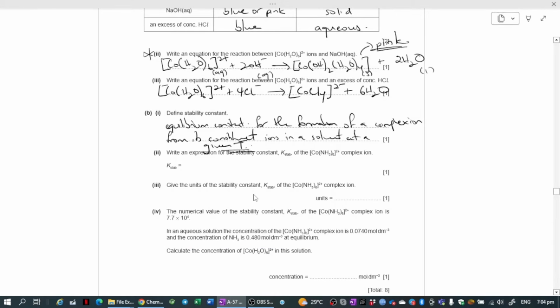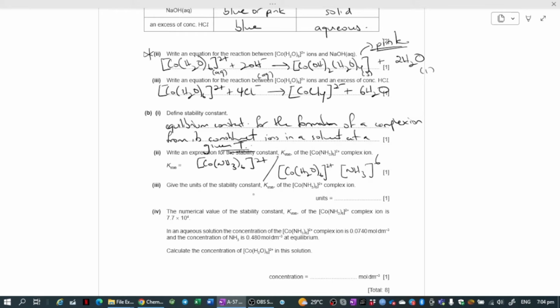Now, we don't include water in our Kstab expression, so it would become the product, which is [Co(NH3)6]2+ all over the concentration of [Co(H2O)6]2+ by ammonia to the power 6.